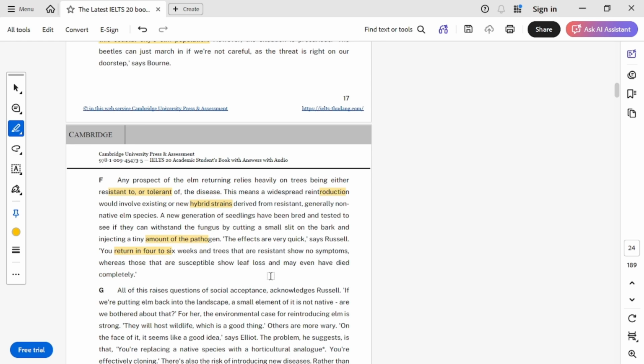Scientists are breeding new seedlings and testing them, with reintroductions and hybrid strains. They inject a small amount of pathogen into the tree and then check whether the trees develop symptoms. So the paragraph is mainly about this testing of the trees.